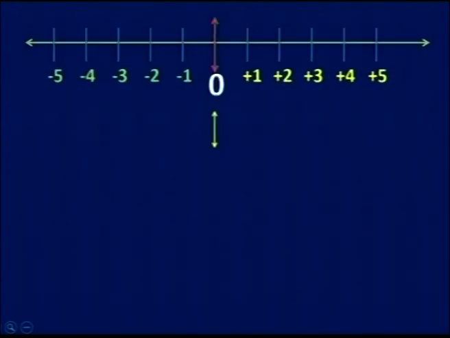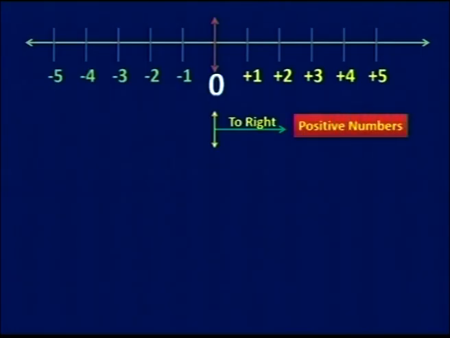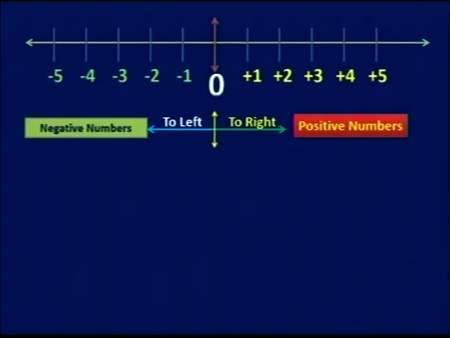Okay children, now observe the number line of integers. At the center you are observing 0. To the right, which numbers exist? Positive numbers, and to the left, negative numbers. So, children, always try to remember this.